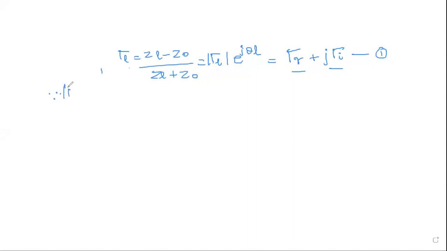We know that the reflection coefficient value will always be less than 1. Whatever values you have got in the problems, you can check, all the values will be less than 1. If it is less than 1, what does that mean? In a unity circle, all the values of the reflection coefficient should be inside the circle, not outside. It should be on or within the unity circle, the values of all the reflection coefficients.